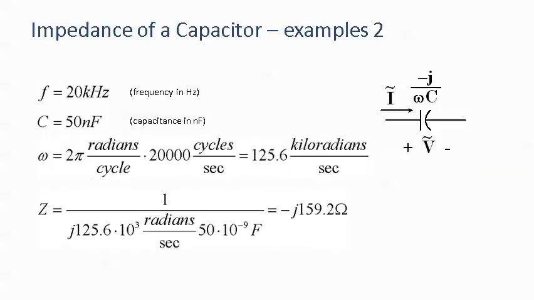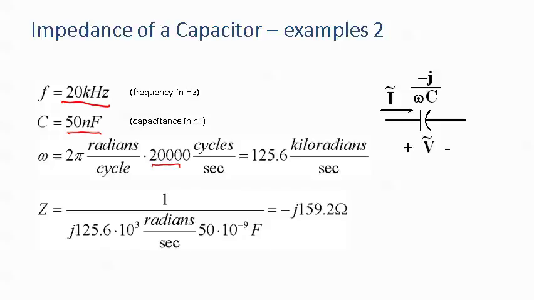And if we take another example, let's go up to 20 kilohertz for this one, and let's see the 50 nanofarads, and our frequency then is 2 pi radians per cycle times 20,000 cycles in a second, and that'll equal 125.6 thousand radians per second, or kiloradians per second.